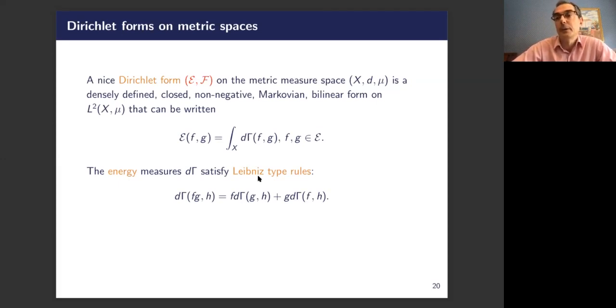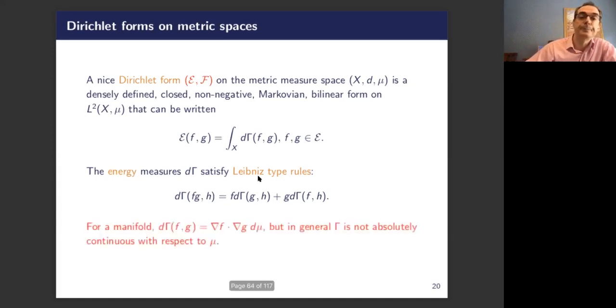This is important: in the general definition, we don't assume the energy measures defining the Dirichlet form to be absolutely continuous or equivalent with respect to the reference measure mu. That is, in situations like fractals, which we are going to be interested in a little while, the energy measures we are going to consider are not equivalent or not even absolutely continuous with respect to the reference measure.